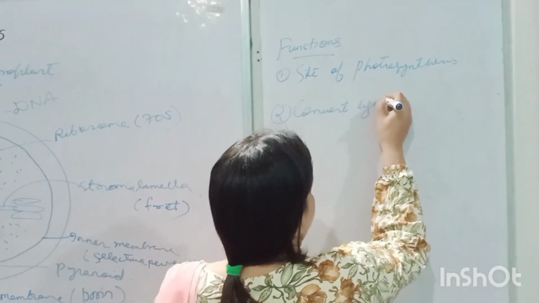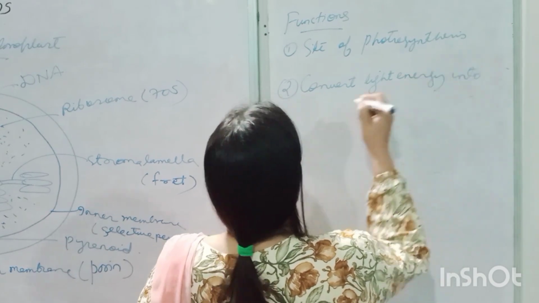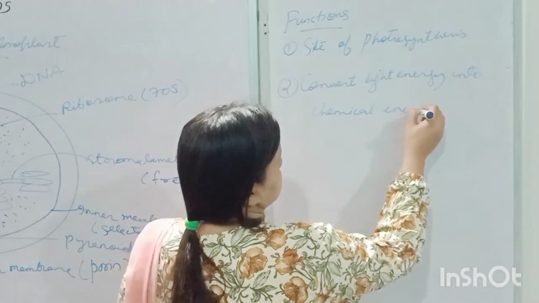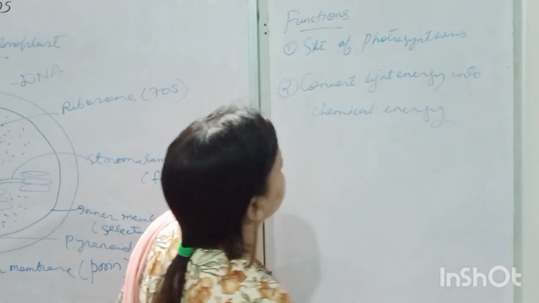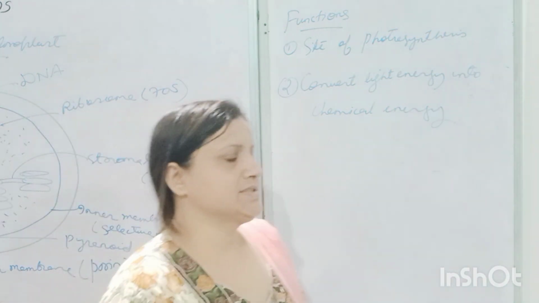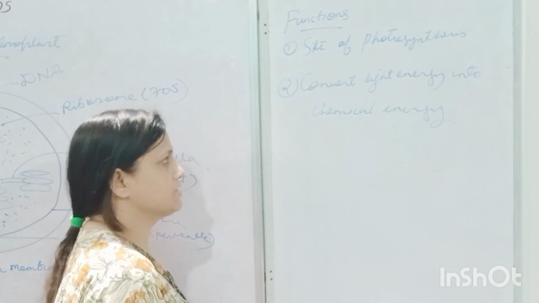It converts light energy into chemical energy. The main important function of the chloroplast is photosynthesis, as it carries the chlorophyll pigment that helps in carrying out the process of photosynthesis.